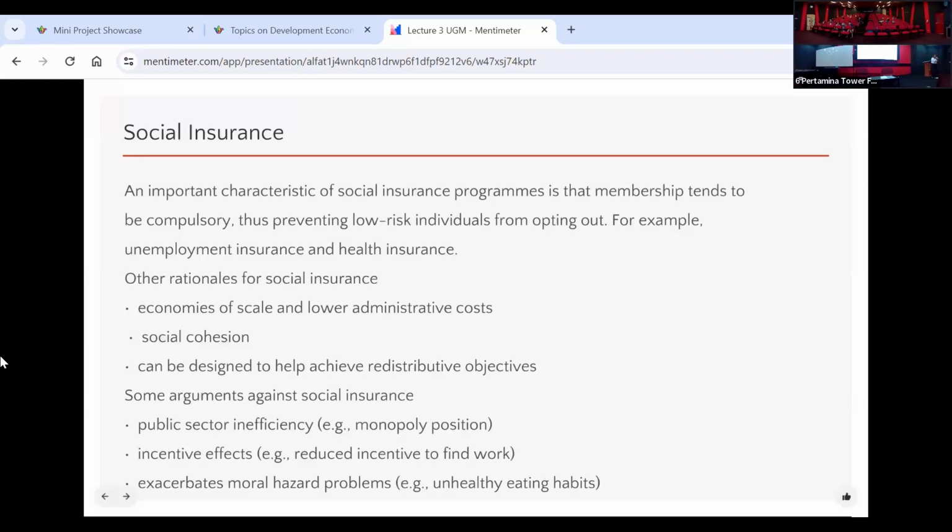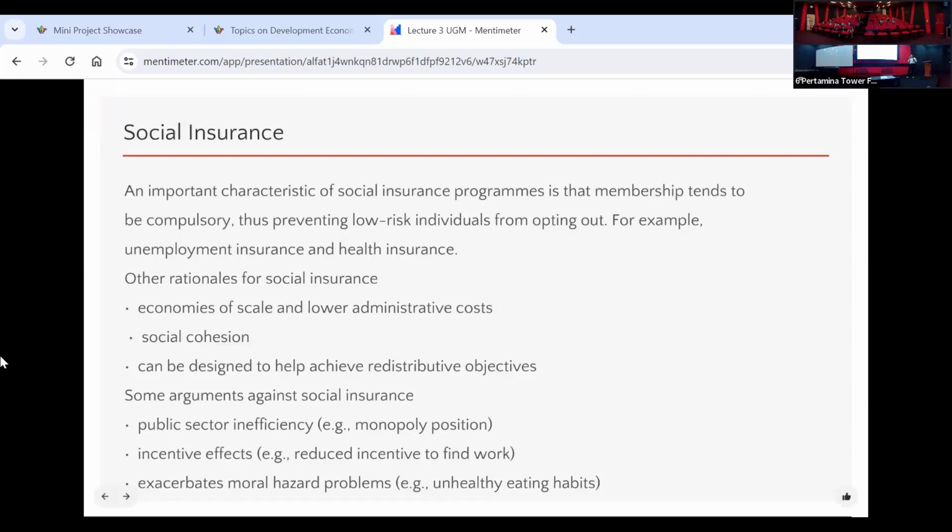Some societies just want things for themselves, they don't want them for the rest. Indonesia is a very collectivist society, Mexico too, the UK no. It can also be designed to help achieve redistributive objectives.